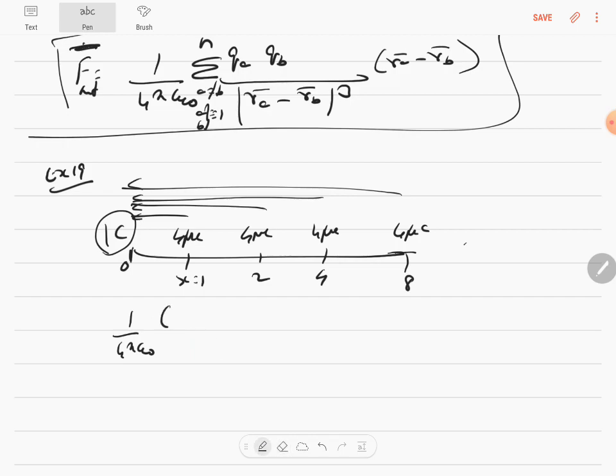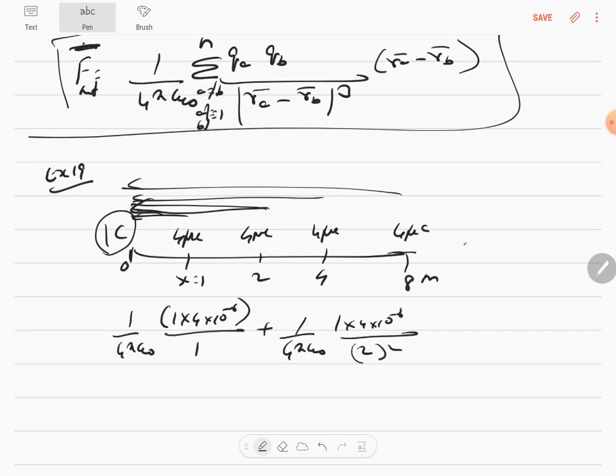It's 1 into 4 into 10 to the power minus 6 by the distance, in meters, 1 square, plus the second one, 1 by 4 pi epsilon naught into 1 into 4 into 10 to the power minus 6 by 2 square, plus 1 by 4 pi epsilon naught into the third charge, 1 into 4 into 10 to the power minus 6 by 4 square, and so on.